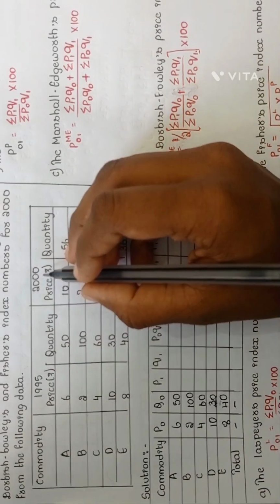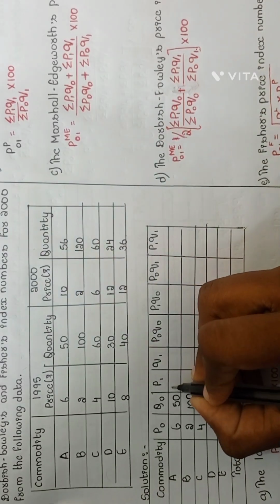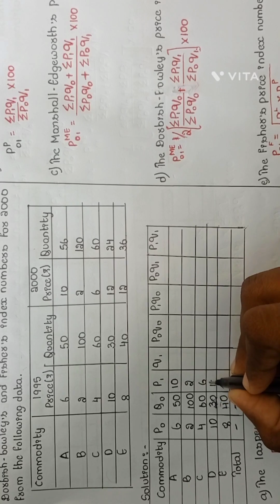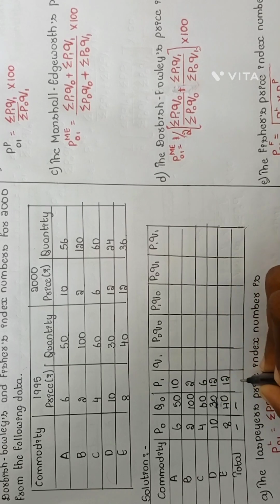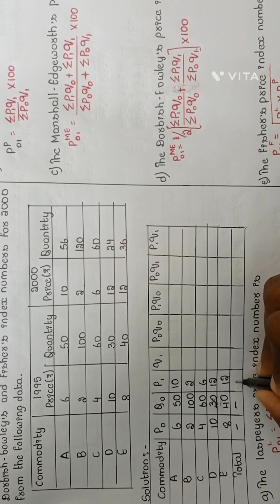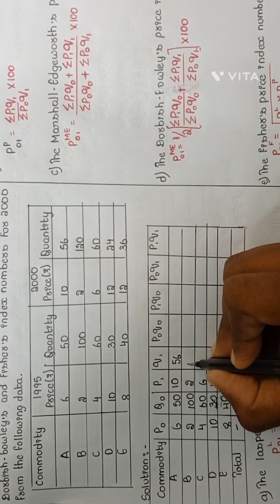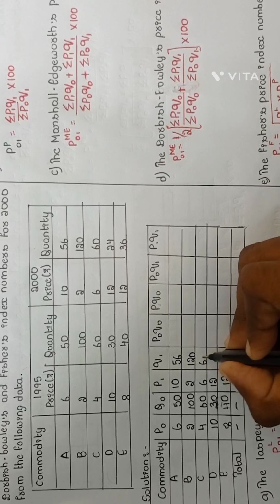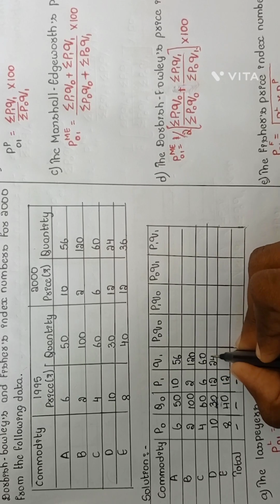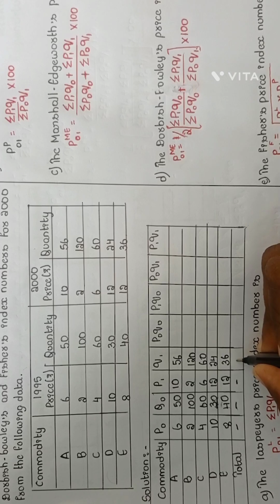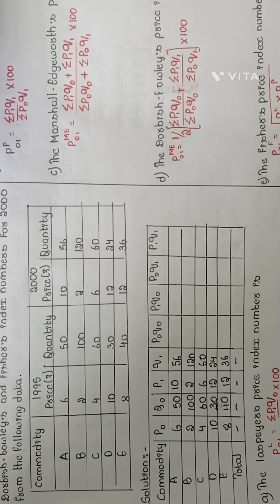And the price in the year 2000 is 10, 2, 6, 12, again 12. We don't need the total of P1, so that is also null. And the quantity is 56, 120, 60, 24 and 36. Here also we don't need the total of Q1, so it is null.